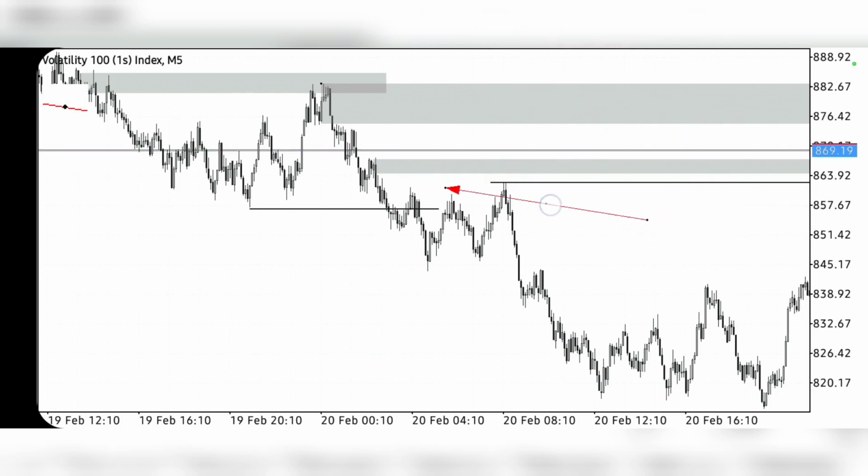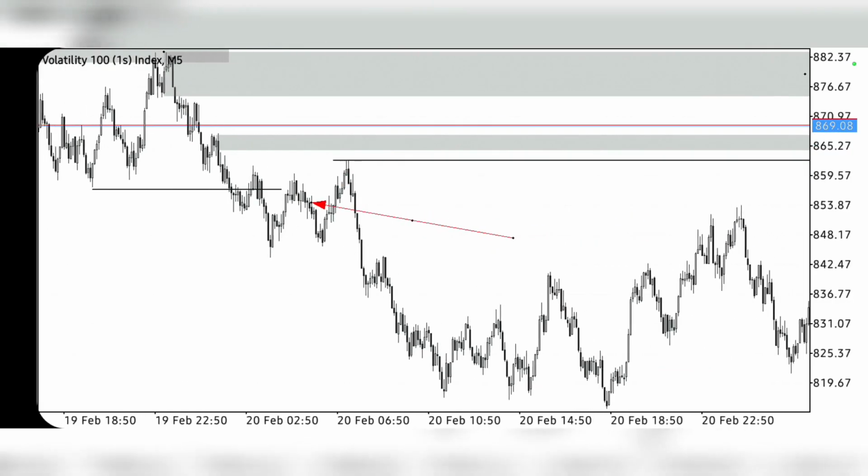So this B setup, I'm not going to be risking so much on the B setup, but I'm going to be risking a little more on this A setup. I'm not going to be careless, but I'm going to increase my risk a little bit more than on this B setup.